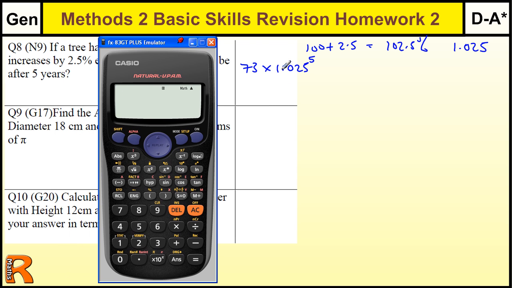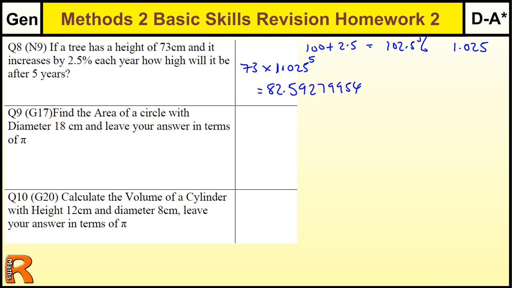So we've got 73 times by 1.025 to the power of 5, and that's going to be equal to 82.592799954, and we could round that to whatever degree of accuracy we're asked to, but in here we're not, so we just leave it.